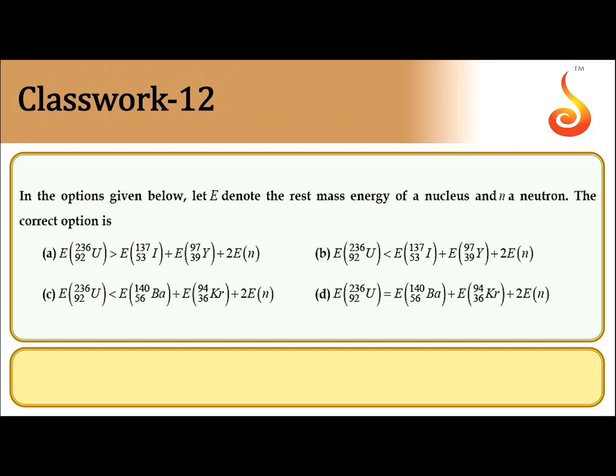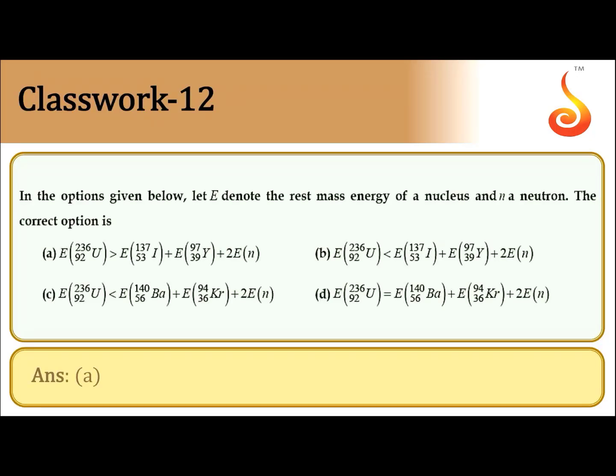So what does it mean? If you look at the equations, the one that is most possible corresponds to the one where the decayed particles will have kinetic energy, and the neutron which is emitted will also have kinetic energy, and therefore A is the most appropriate choice here. A is our correct choice.